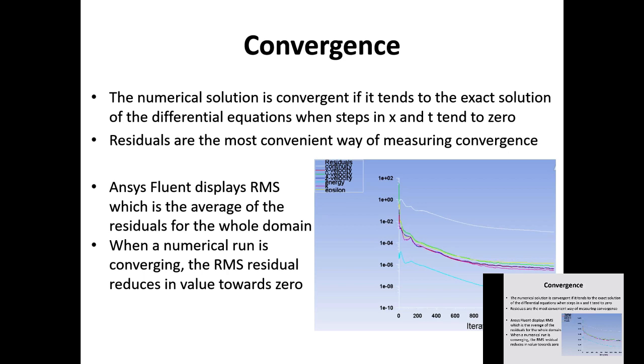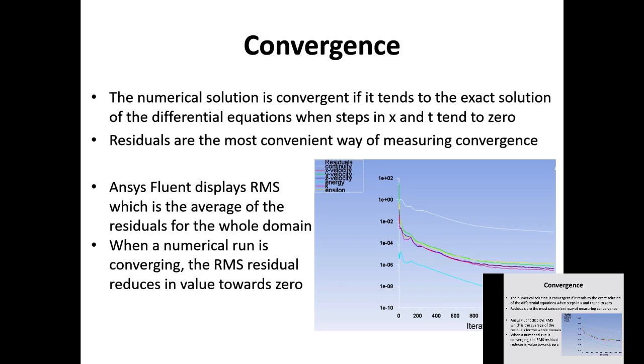For a certain cell, you had u, v, w values at that time step, and when you go to the next time step, t plus delta t, you get the new u, v, w values, and you deduct the previous value from the current value, and then you get the magnitude of that. When that difference comes near zero, you say it's converged.